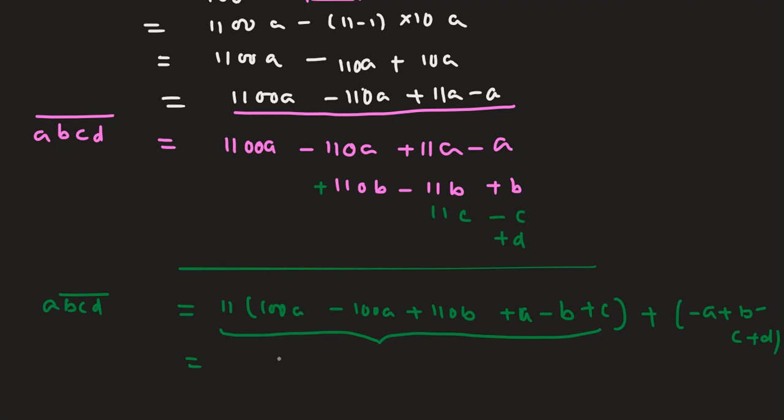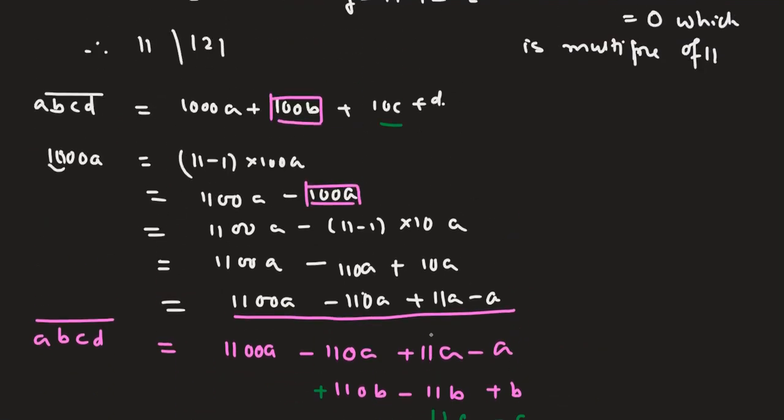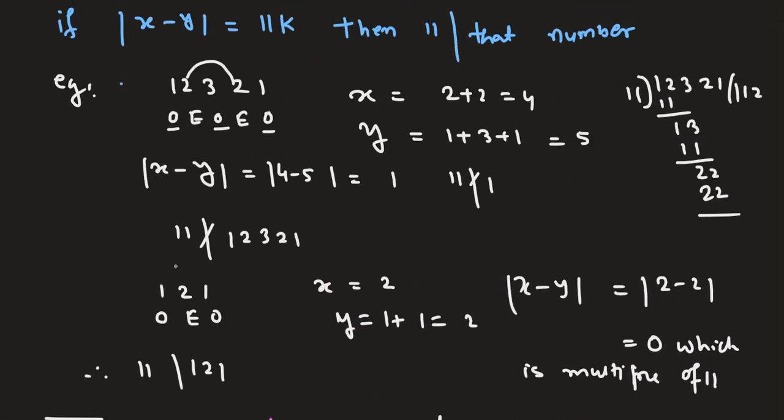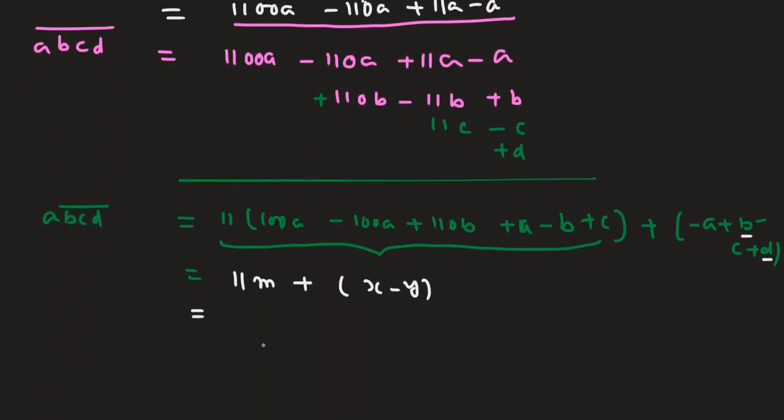So if I say this number is 11 times M, then whatever this one is, it is nothing but the sum of the even places, one is B, other is D. So now we can write x and then y. If you want, you can take the modulus. So here we have this difference, the modulus of x minus y. If I give the name difference, the difference of sum of the even and odd places, then what we have is 11M plus the difference.